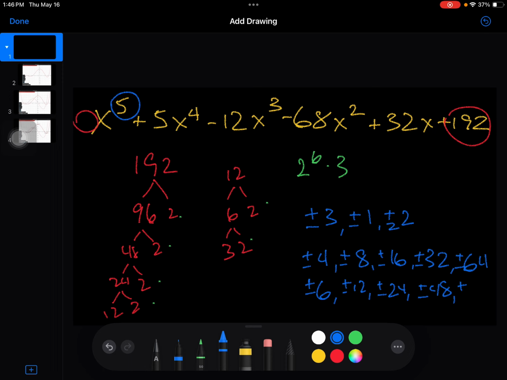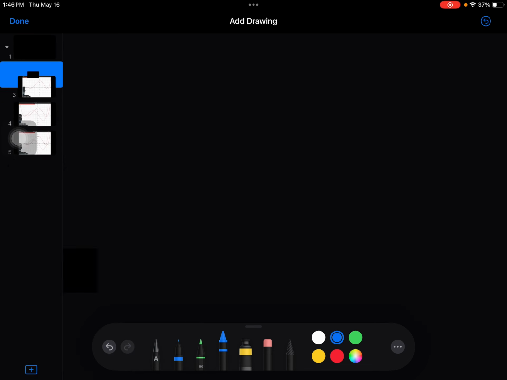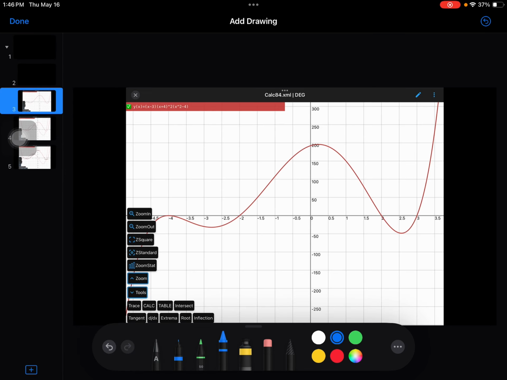The main idea here is that sometimes it gets a little less convenient to factor some of these things out. But let's just say there is a graphing calculator, which is always possible. So we go ahead and graph that, and the graphing calculator can also factorize for us.